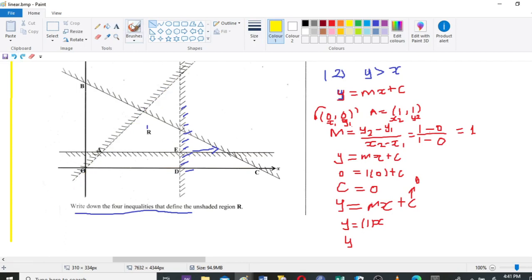These numbers are shaded this side, so the sign that you have in here is greater, which means you have y greater than 1 times x. This is x. So you can also use this method of first identifying if you are unable to identify these simple inequalities.